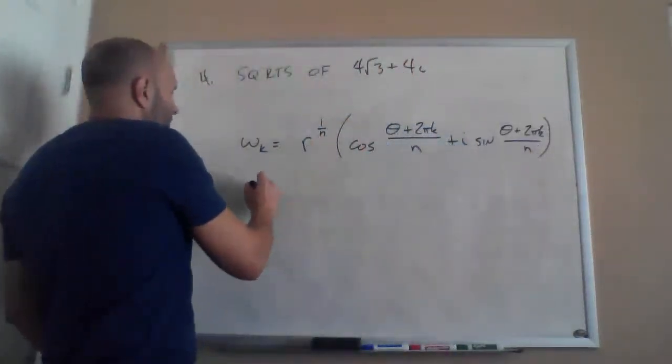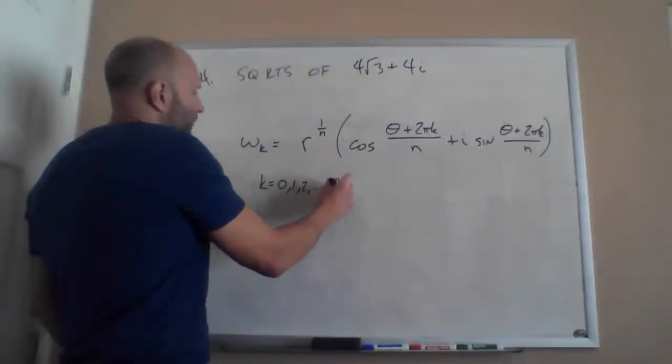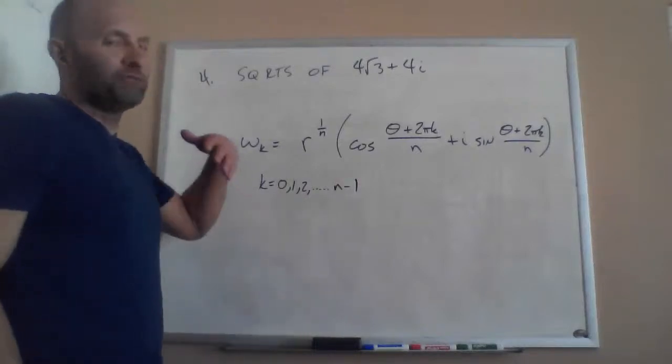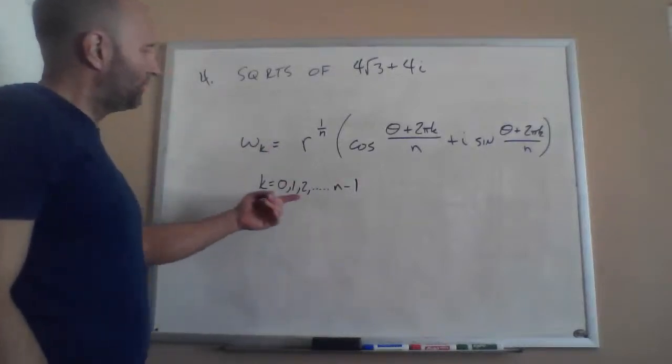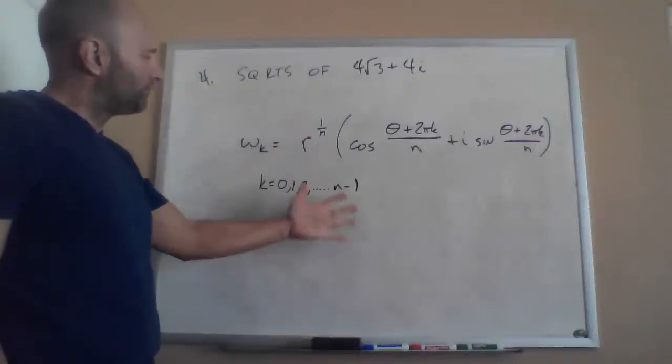And then k is 0, 1, 2, etc. up to n minus 1. So if I had 5 roots that I was looking for, I would have k is 0, 1, 2, 3, and 4.